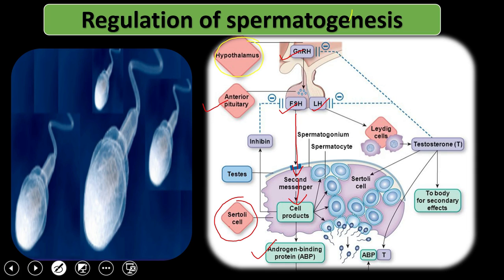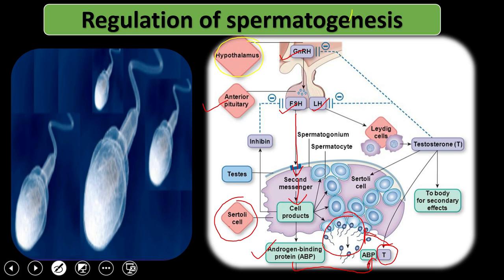This androgen binding protein stimulates the process of spermatogenesis, ultimately the formation of sperm cells, and it also increases the concentration of testosterone in the seminiferous tubule. So androgen binding protein plays two major roles: one, it leads to spermatogenesis, and second, it increases the concentration of testosterone in the seminiferous tubule.